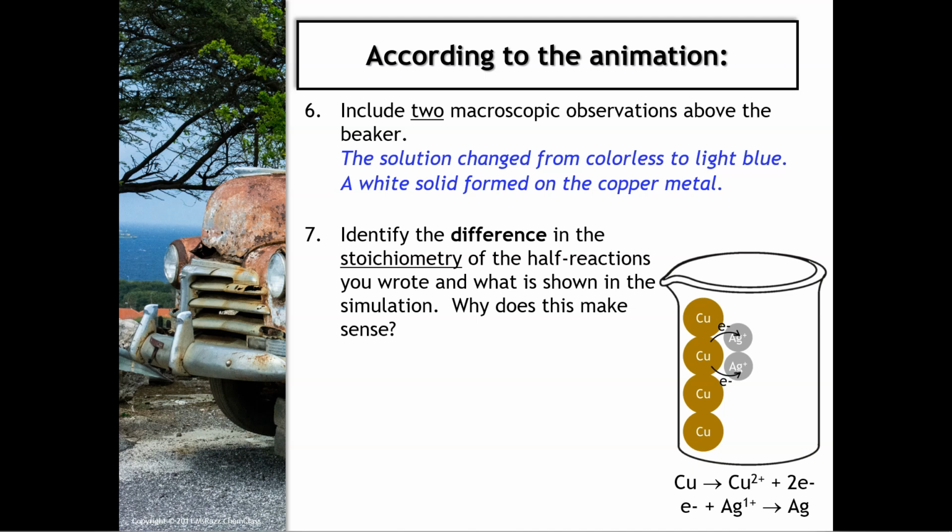But in the simulation, you actually saw something different. In the sim, you saw 2 silver ions instead of just 1. So why does this make sense? Well, hopefully you're realizing now that if copper is losing 2 electrons, that means that the number of electrons lost has to equal the number of electrons gained by the other substance.